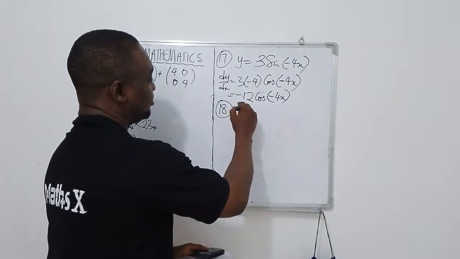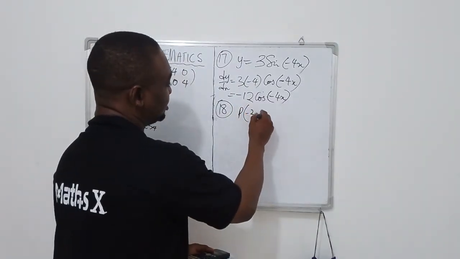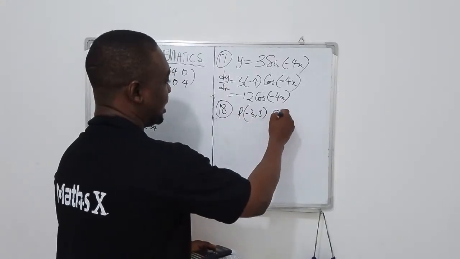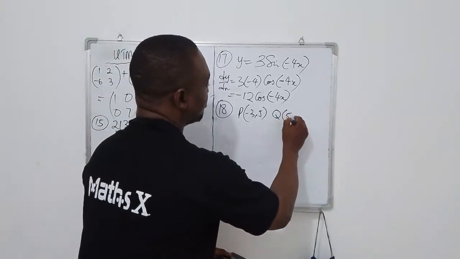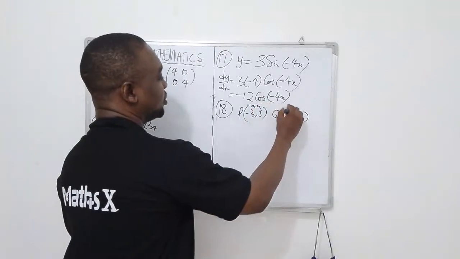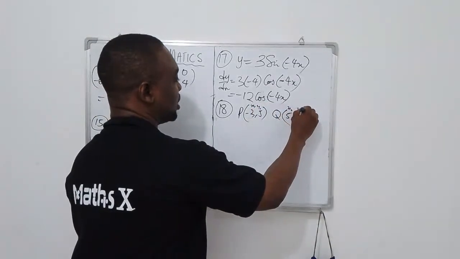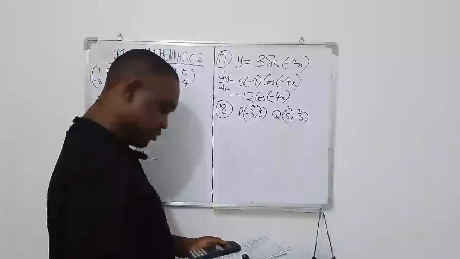So we have the point P having coordinates -3, 5 and Q having coordinates 5, -3. Naturally, this is your x1, y1. This is your x2, y2.